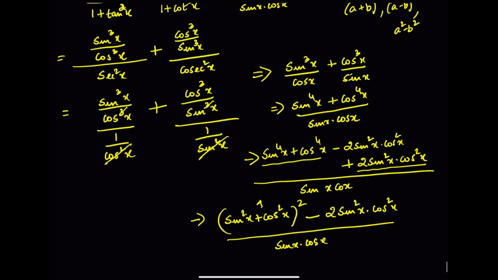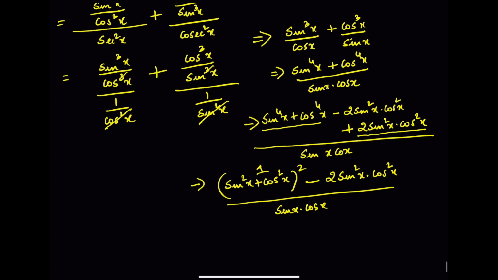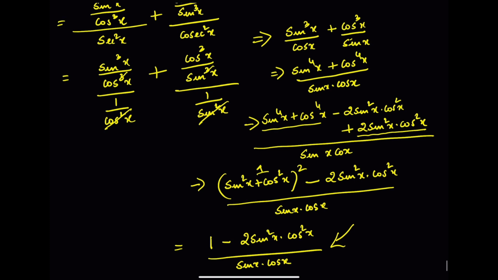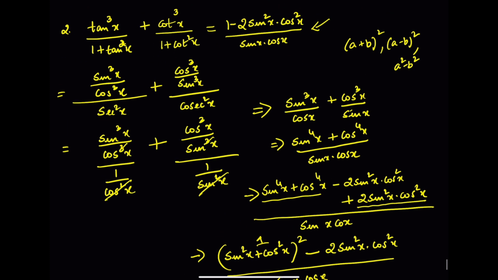Now this will result in the value of 1. So basically we have achieved the right hand side we wanted. So this will be (1 − 2 sin²x cos²x)/(sin x cos x).